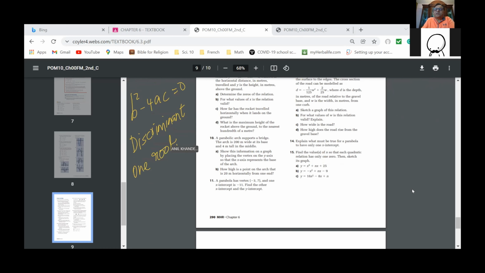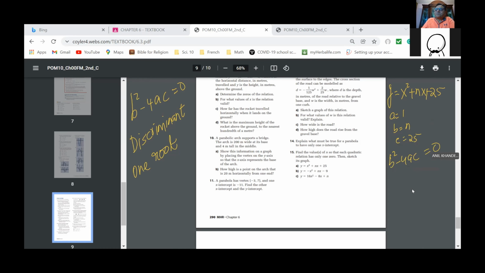In our equation, we are given y equals x squared plus nx plus 25, correct? So a is 1, b is n, and c is 25, right? So what is b squared minus 4ac?